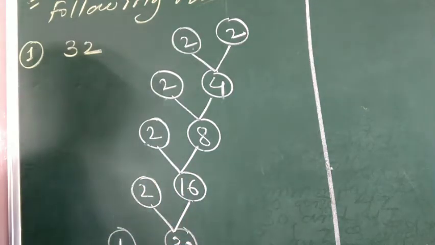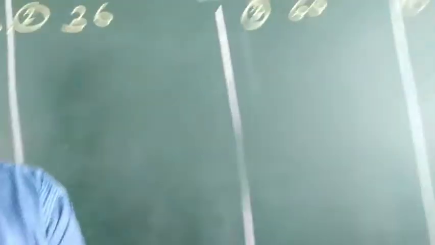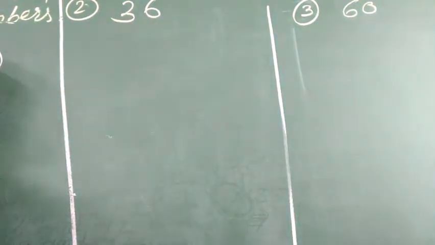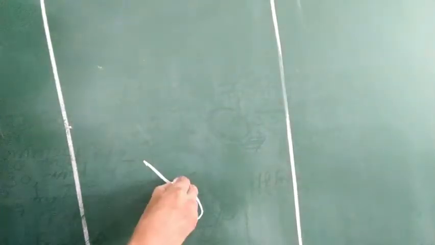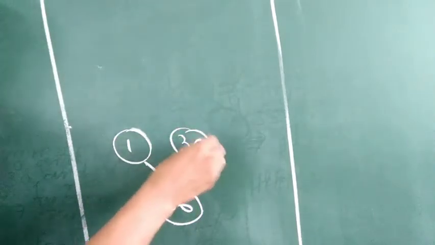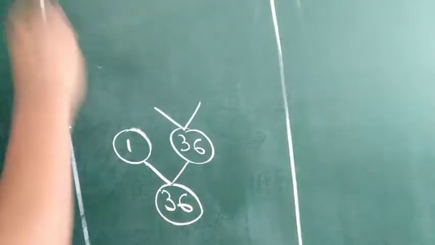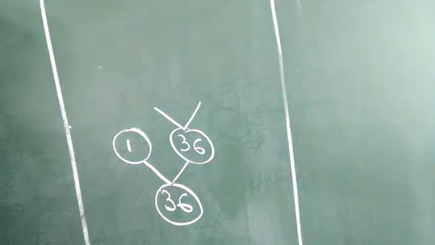Okay? See, now next number it is 36. See, it is 1 and 36. First step is 1 and 36. Next, क्या होगा बेटा?